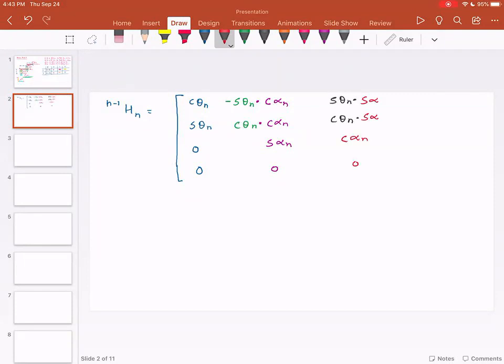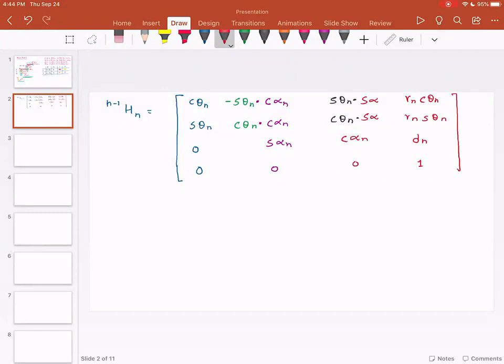If you want to remember the last column, please note it just deals with r. You'll get Rn cosine theta n, Rn sine theta n, and then Dn and 1. So look at the symmetry of this equation.